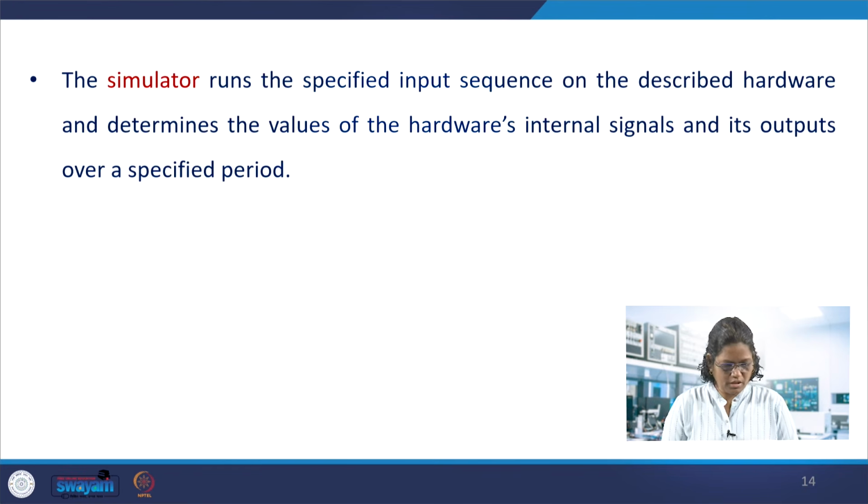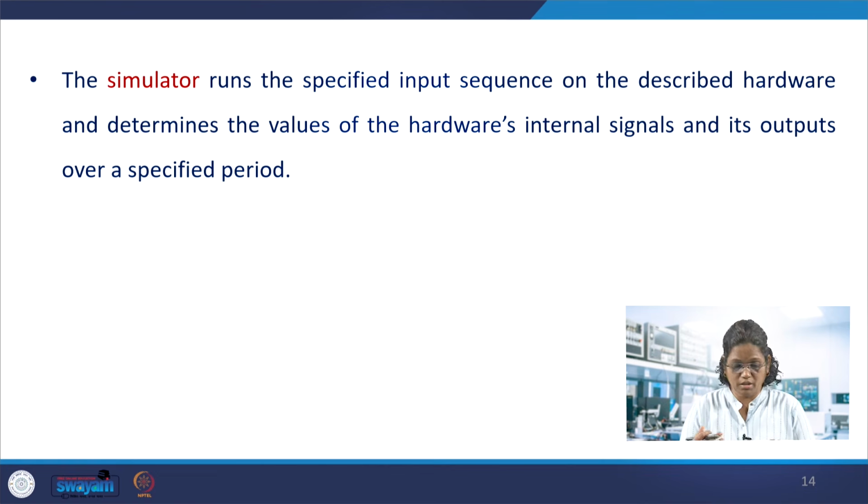Now if you look at the simulator, as I said, all the possible combinations of inputs are given in the test bench and passed to the simulator. Based on the input, the simulator decides the output and the hardware internal signals, at the times specified in the input.